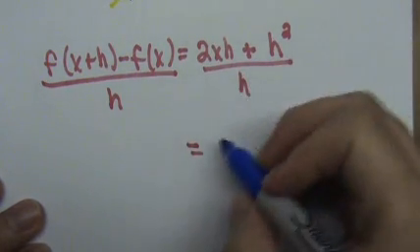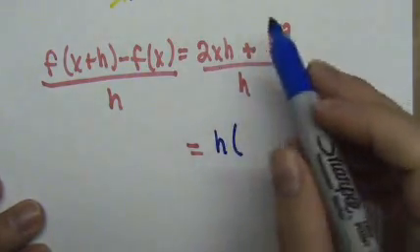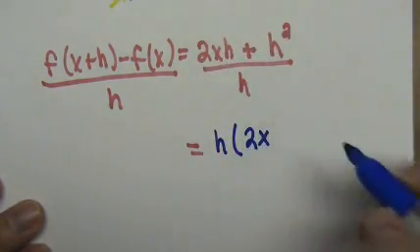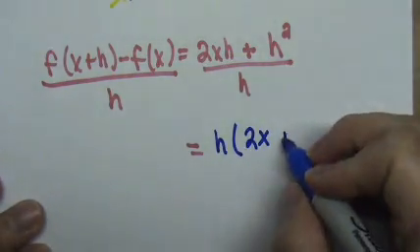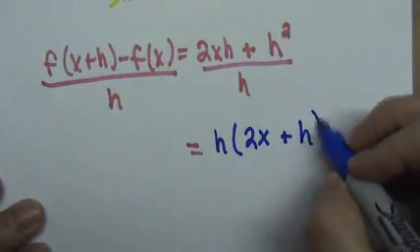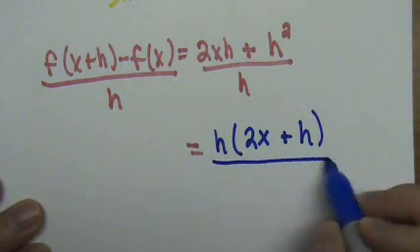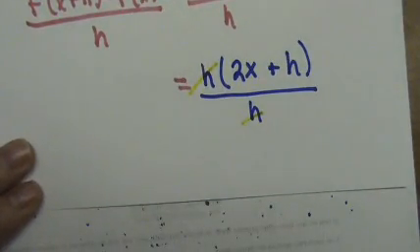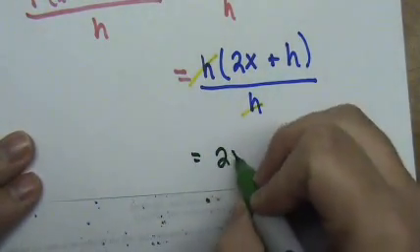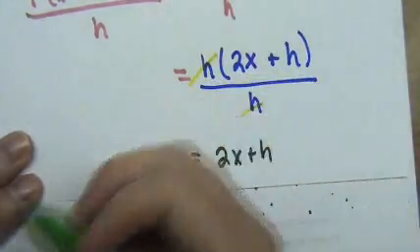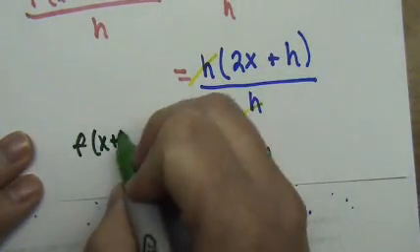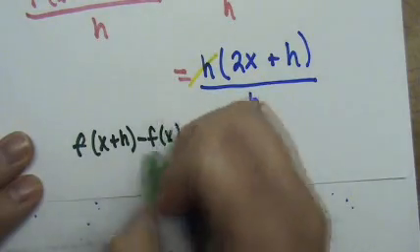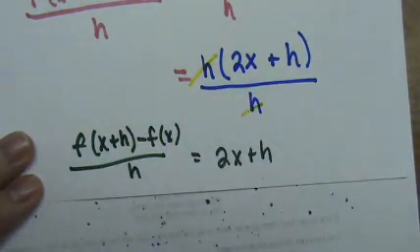Let's factor out an h. From the first term, it'll leave me with a 2x. From the second term, since I had an h squared, you take an h away, you're left with 1. All over h. These h's cancel. And our final answer is 2x plus h. The difference quotient of f of x plus h minus f of x all over h is 2x plus h.